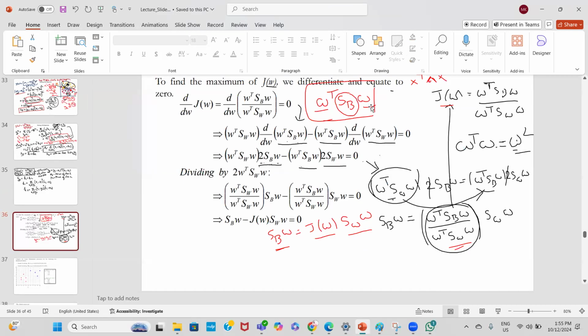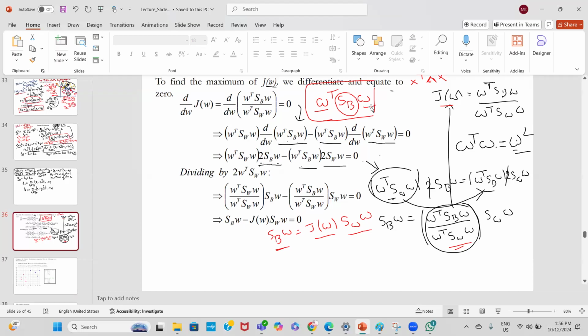So will this be a scalar value or a vector value? Vector maybe.